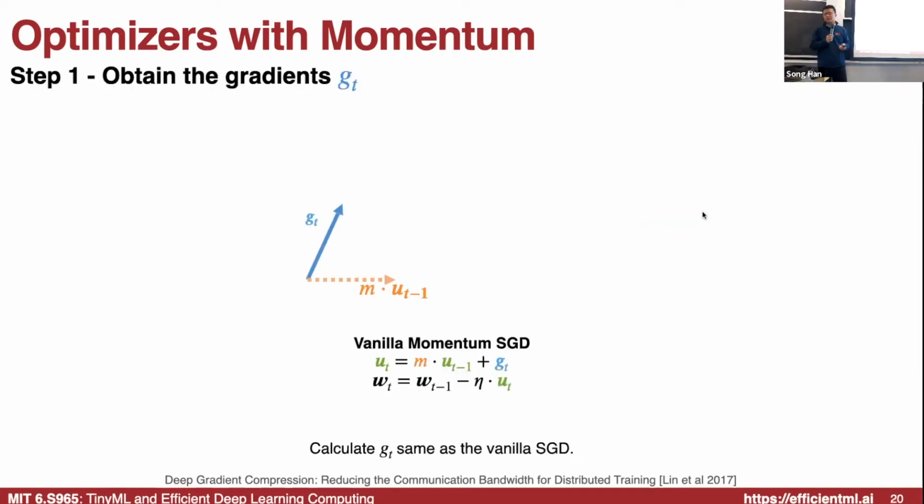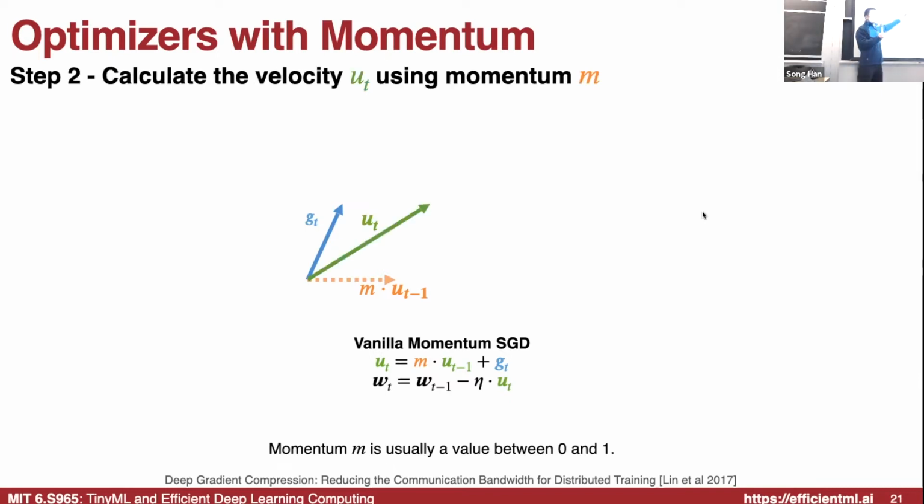So let's see what momentum is. Say this is the gradient, and this is the previous update. At t minus 1, the weight gets updated in this direction. We multiply that with a momentum m on top of the original gradient. So rather than directly following the direction of g_t, we are adding g_t to the momentum times the previous update.